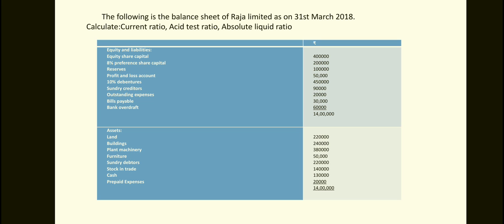Let us try to understand the calculation of current ratio, acid test ratio, and absolute liquid ratio with the help of the balance sheet of Raja Limited as on 31st March 2018. Calculate current ratio, acid test ratio, absolute liquid ratio.